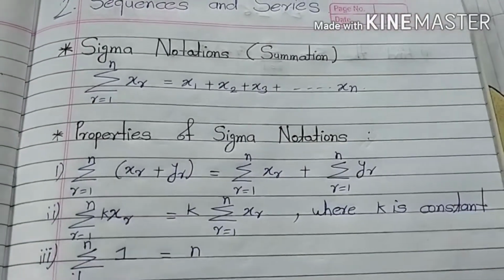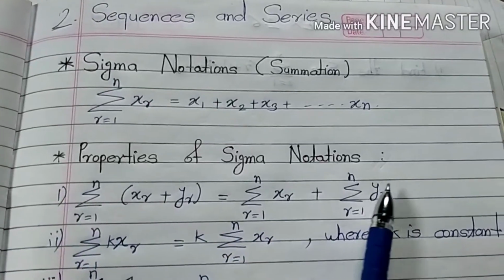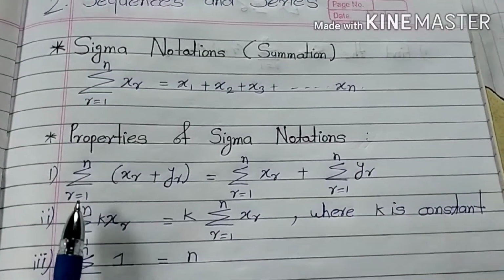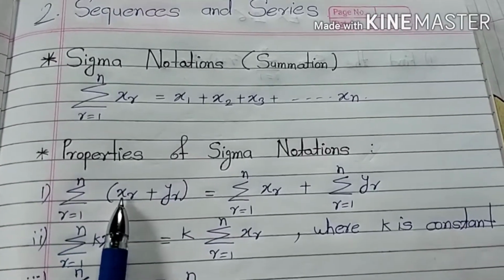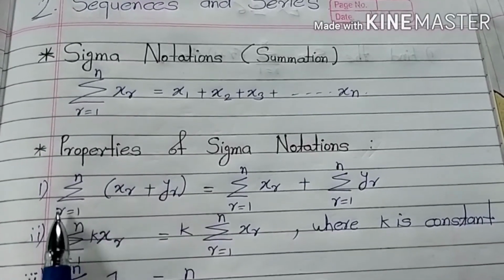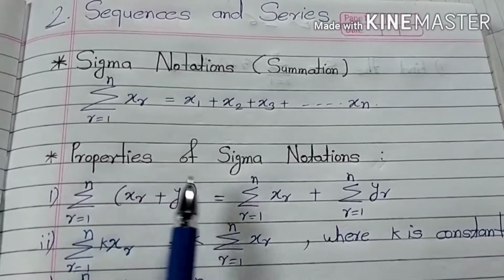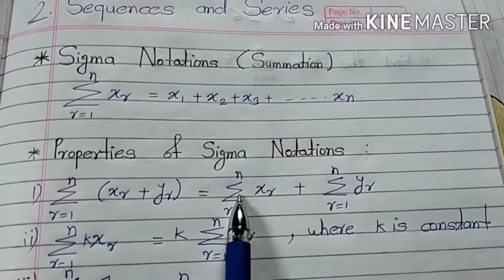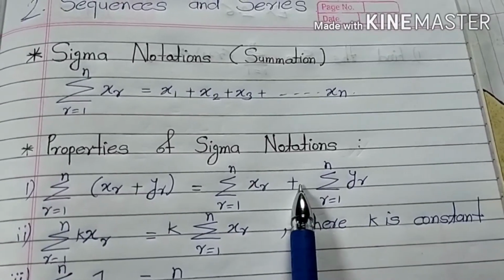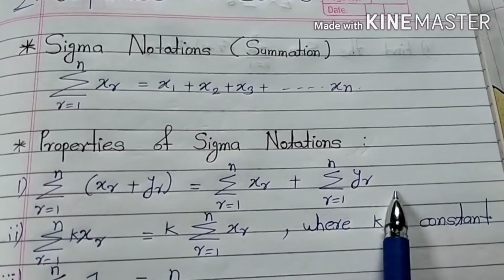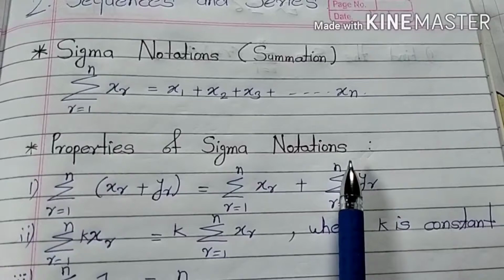Now next there is the property of sigma notation. So what is that property? First property: summation of xr plus yr where r runs from 1 to n is equal to summation of xr where r runs from 1 to n plus summation of yr where r runs from 1 to n.